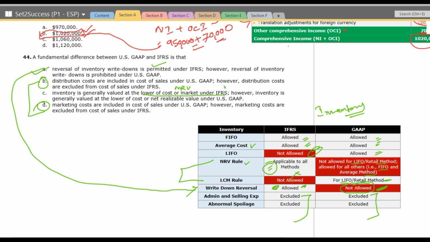So lower of cost or market is used in GAAP and it's not allowed under IFRS. So this is an incorrect option. However, inventory is generally valued at lower of cost or net realizable value under US GAAP, but it's only allowed for LIFO and the retail inventory method.